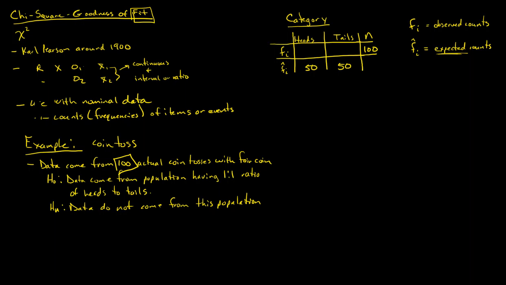Let's say that we actually got 62 heads and 38 tails. The question is, is this distribution of 62 to 38 far enough away from the 1-to-1 distribution that we can say this is significantly different from this 1-to-1 ratio?